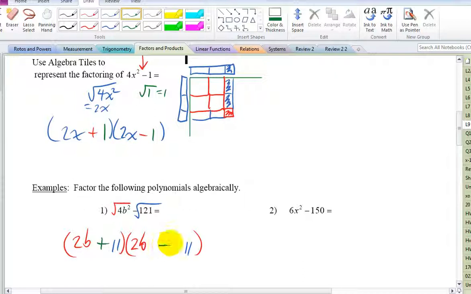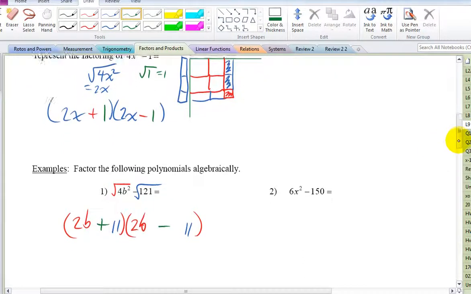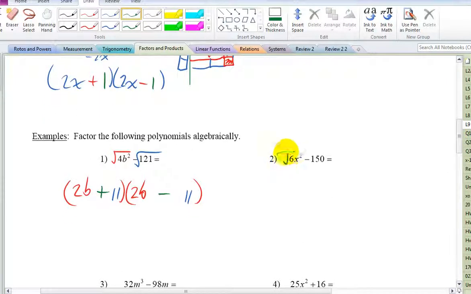Plus minus. Okay. So let's try the next one. What's the square root of 6? Don't use a calculator. What is it? Doesn't work, does it? Well, square root of 150? Doesn't work either. So what should we try first then?